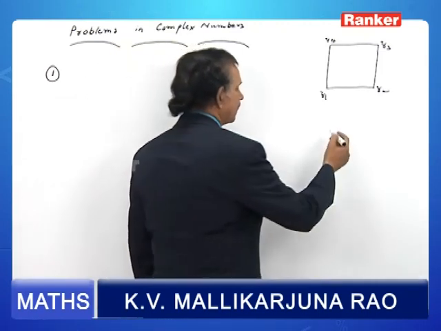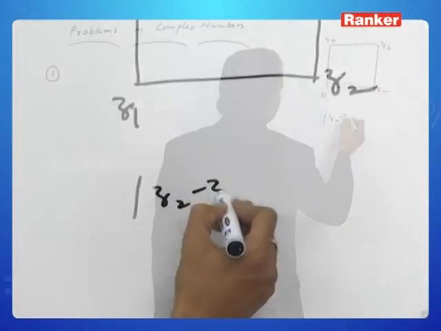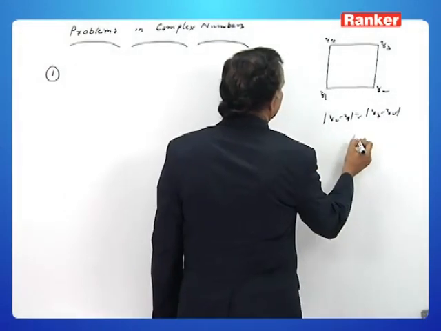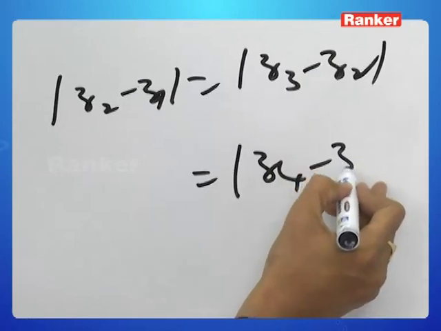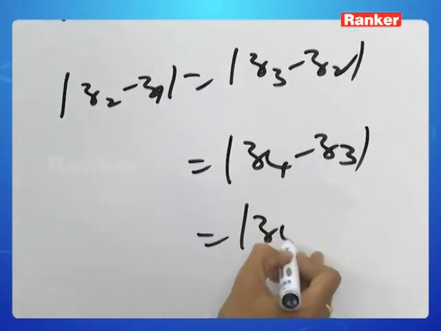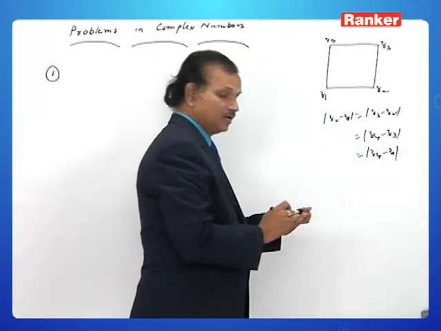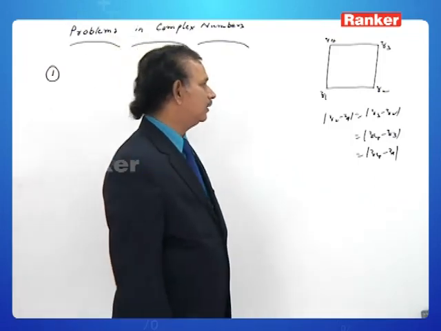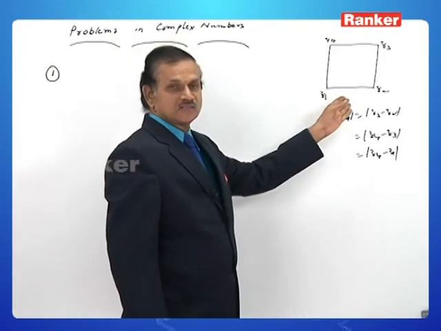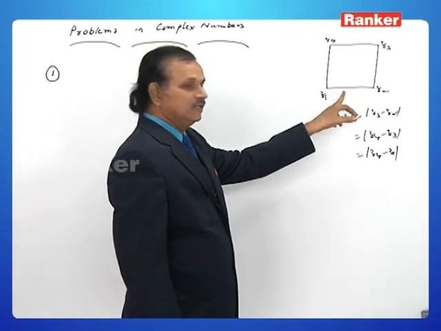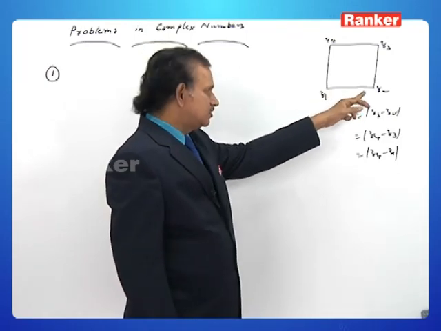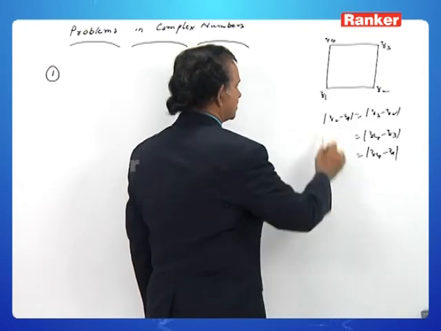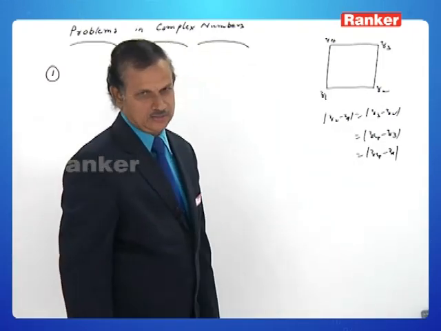That is, mod Z2 minus Z1 is equal to mod Z3 minus Z2 is equal to mod Z4 minus Z3 is equal to mod Z4 minus Z1. Why? Because as they are the vertices of a square, all the sides are equal. The distance between these two complex numbers is just nothing but the length of each side. Of course, this is mod Z2 minus Z1, this is mod Z3 minus Z2, this is mod Z4 minus Z3, and this is mod Z4 minus Z1. All of them are equal.